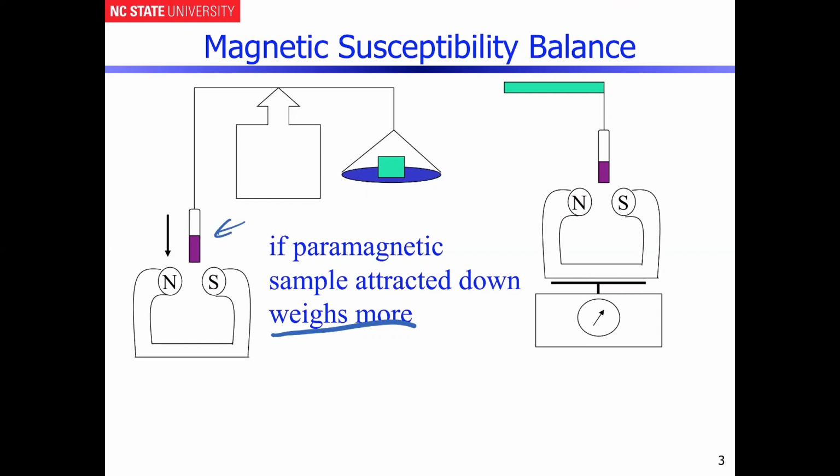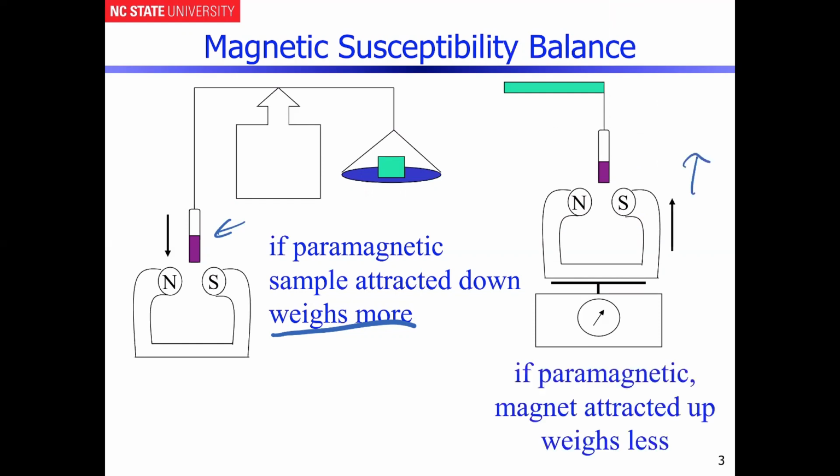And the net result of this will be that the magnet will get attracted to the paramagnetic species, and you'll see that the magnet actually will get pulled towards the sample, and then the magnet will attract up and weigh less. But the important thing is that the change in mass that you measure is again going to be proportional to the number of unpaired electrons in the sample. And that's really all we care about.